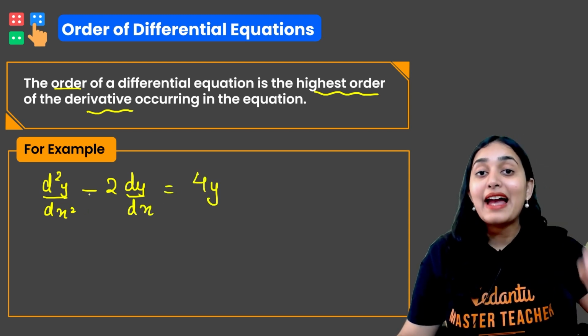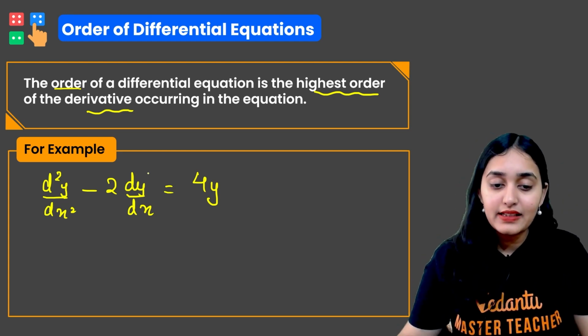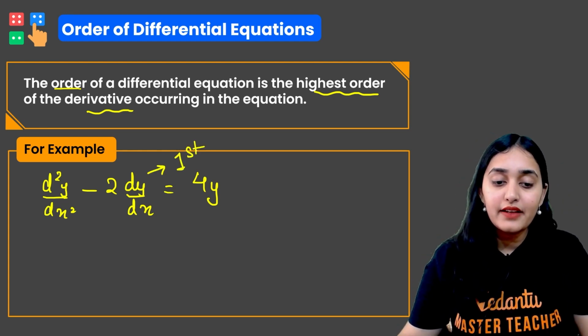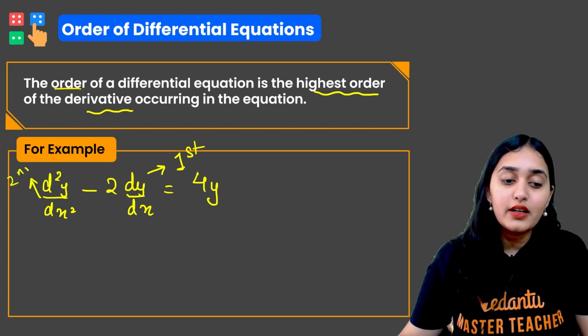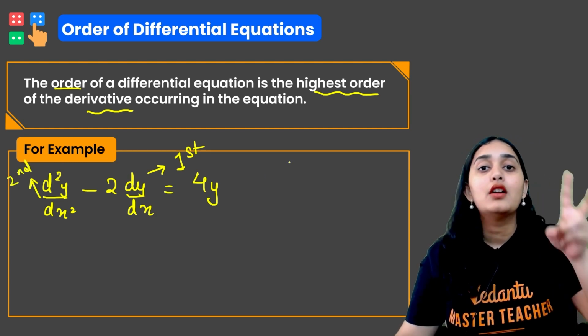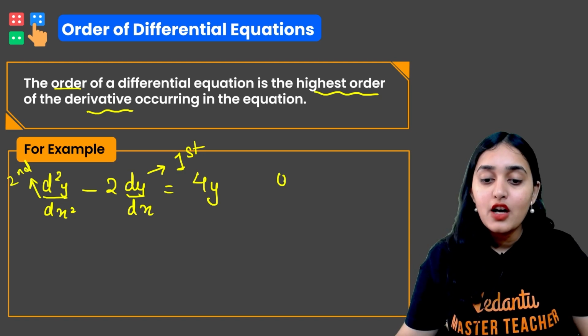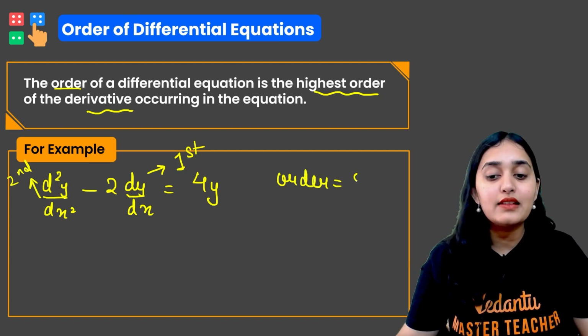So what is the highest order derivative? This is first order derivative. This is second order derivative. Which one is bigger? 2 is the bigger order. So the order of this equation is 2.